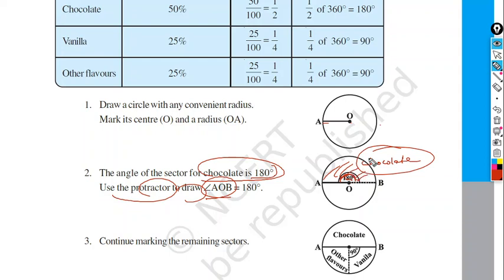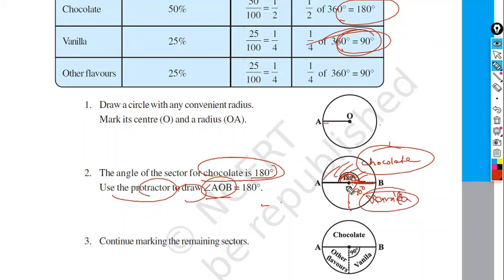Now we will start again. We have completed the work on chocolate. Now we will move to vanilla. Again from here we will start. Now here again we put the protractor, then we have to make how many degrees? 90 degrees. You draw 90 degrees here, this will be your third step. Now you have drawn 90 degrees, this will be vanilla.